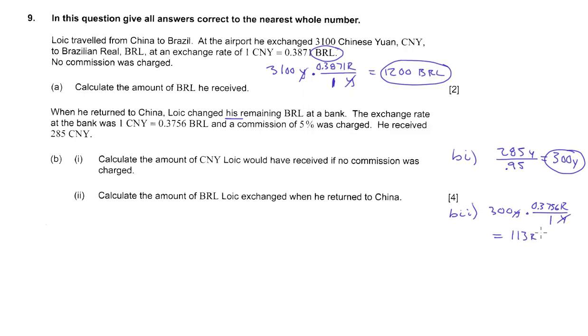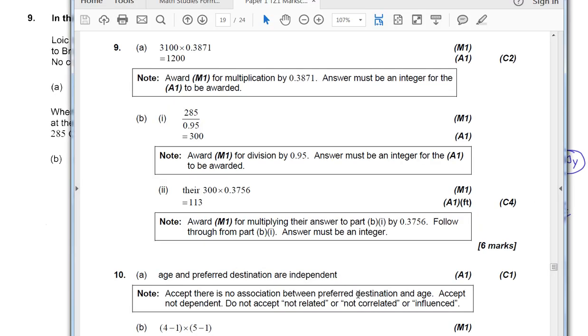He started off with 113 real, and then he ended up getting 5% taken off of that, and then ended up with 285 yuan. Okay, so calculate the amount of Brazilian real Loic exchanged when he returned to China. So that's what he started with, and that's what he ended up with.